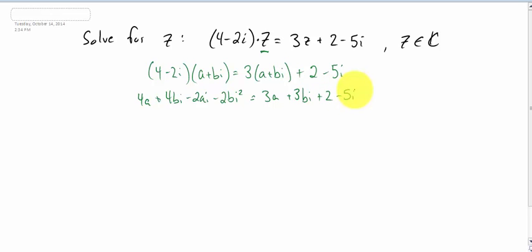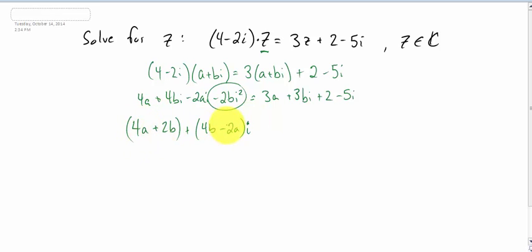Now let's clean it up. Remember, minus 2bi squared, i squared is really negative 1, so that's really plus 2b. So 4a plus 2b. Those are the two pieces that don't have i in them. Plus (4b minus 2a) times i.